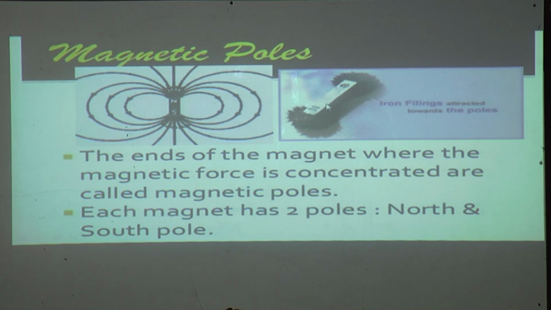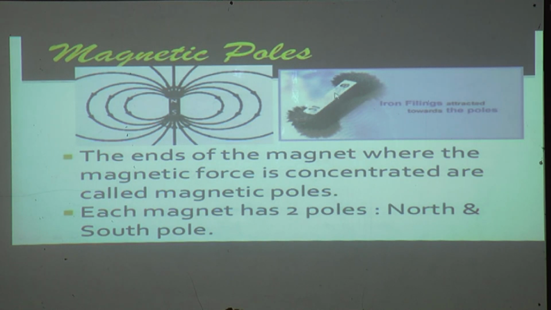At the center you will see less iron filings compared to the ends. The iron filings at the north and south poles of this magnet are more than at the center.